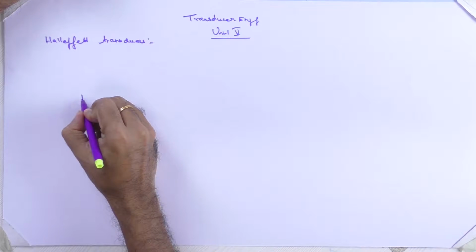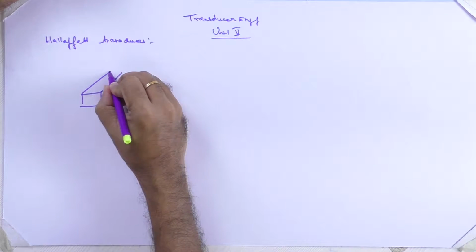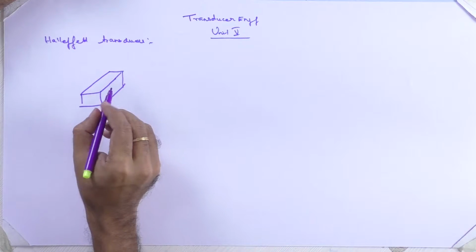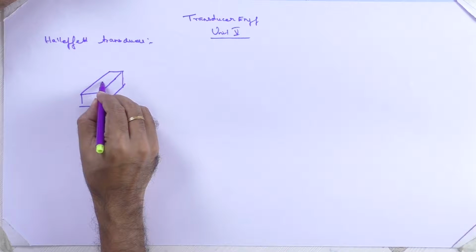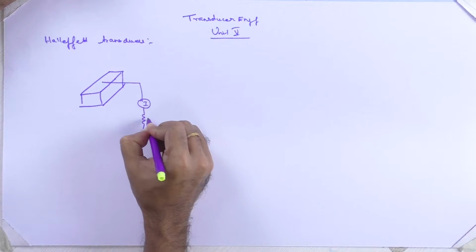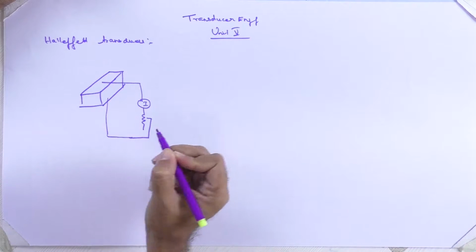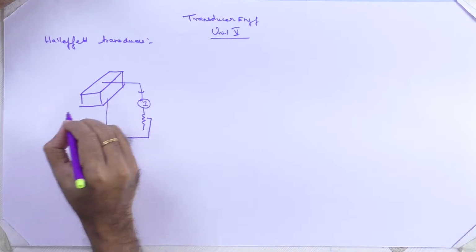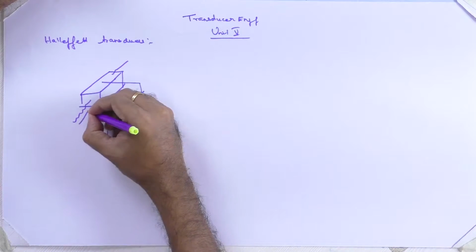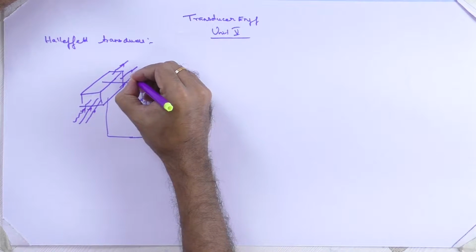Let us think about a current carrying conductor, which is connected in this fashion, and it also has a magnetic flux perpendicular to the current.